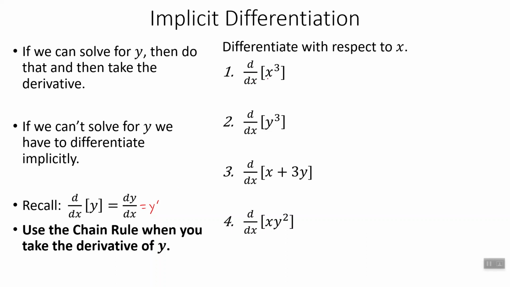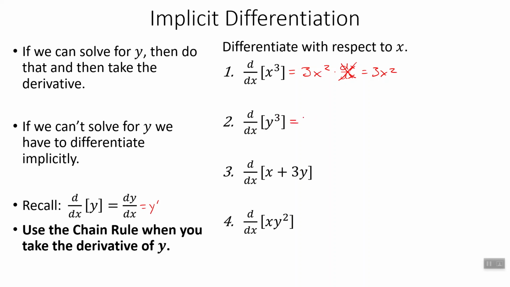All right, so here we want the derivative of x to the third. X is our variable, so it's just normal. The derivative of x to the third is 3x squared. Technically, it's times dx over dx, but we usually don't write that because this is just 1. So we just get 3x squared. Now when we do the same thing with y here, with x as our variable, we remember that y is some sort of function of x.